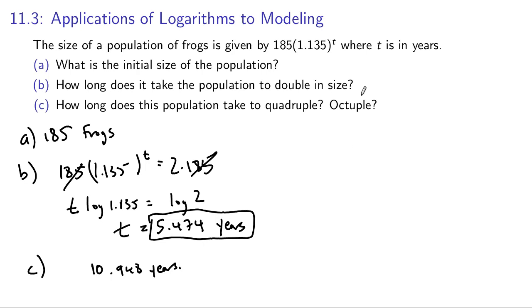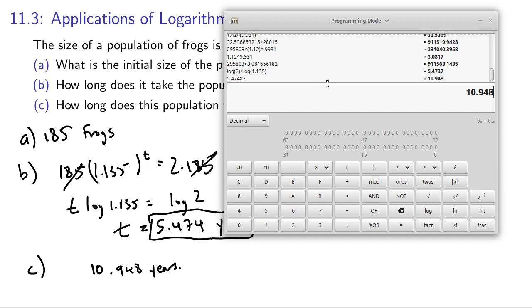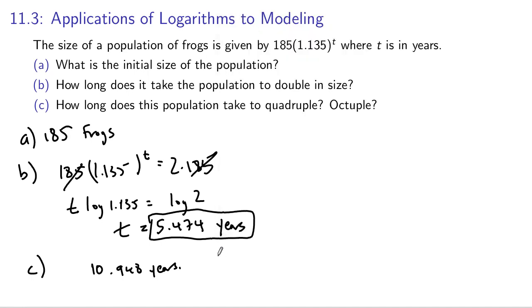And for octupling, we would need to double again, because double, quadruple, double 4 is 8. So to double another again, we need another 5.474 years. Just add another 5.474 to get 16.422 years.